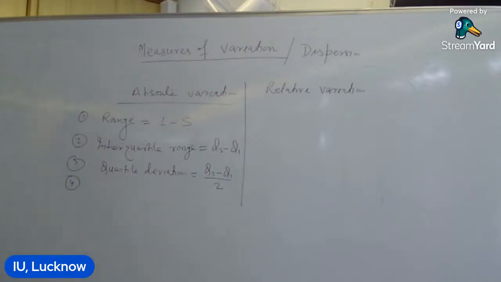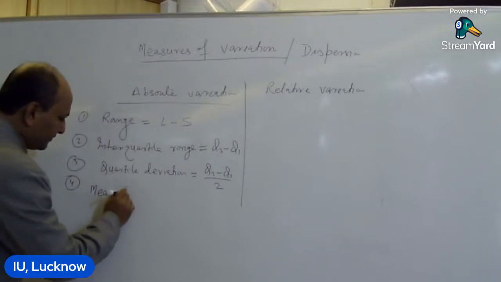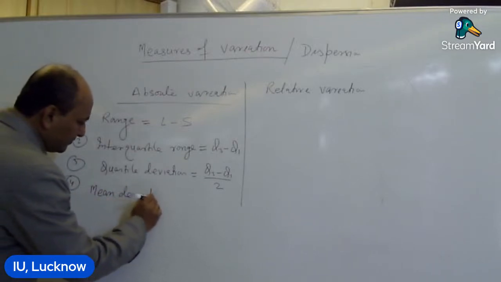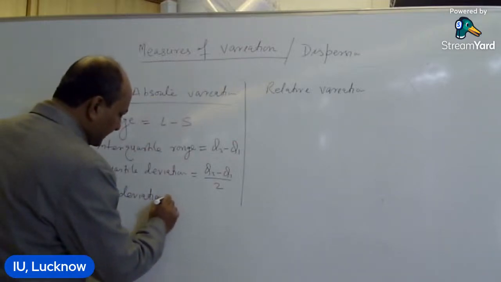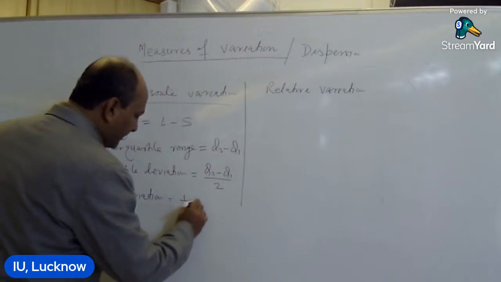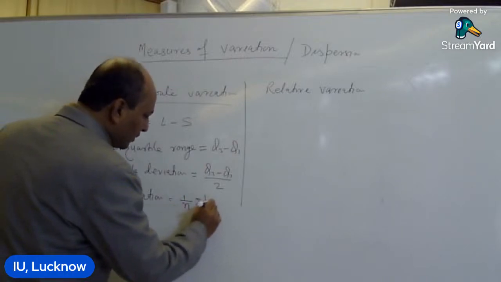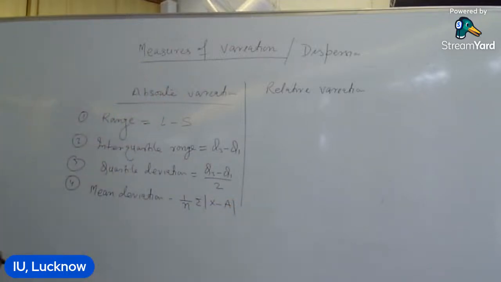Fourth one is mean deviation. Mean deviation is equal to 1 upon n summation mod of x minus a, where a is any measure of central tendency.